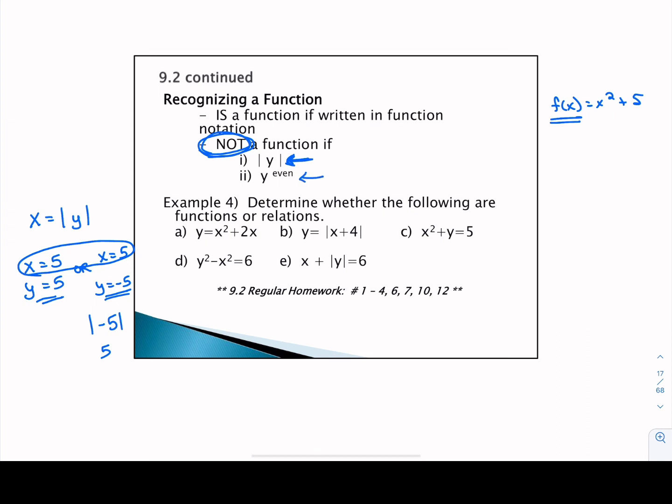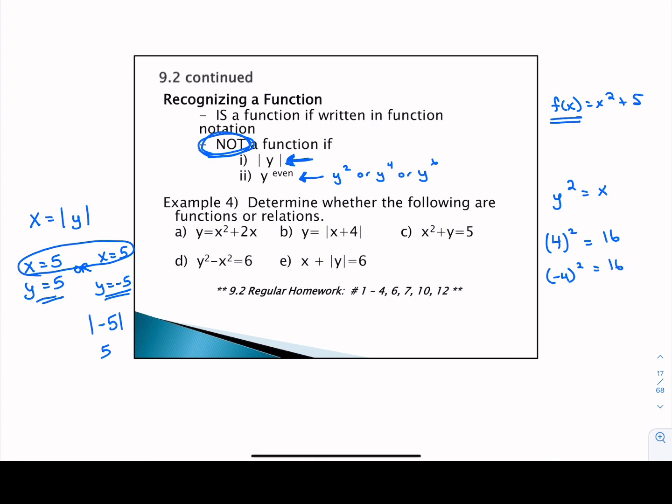Next, we have y to an even power. So by even power, we mean y squared or y to the 4th power, or let's say y to the 6th power. And a very quick and easy reason for that is if we said, let's say you've got y squared is equal to x. So if x were, actually let's work it from the other side. If I have 4 and I square 4, 4 squared would be 16. But guess what? So is negative 4 squared.